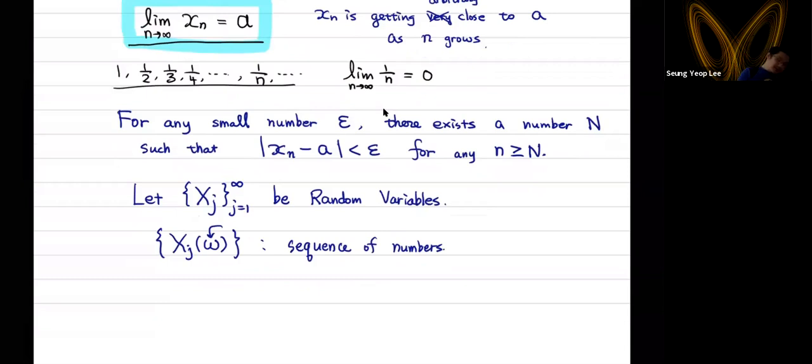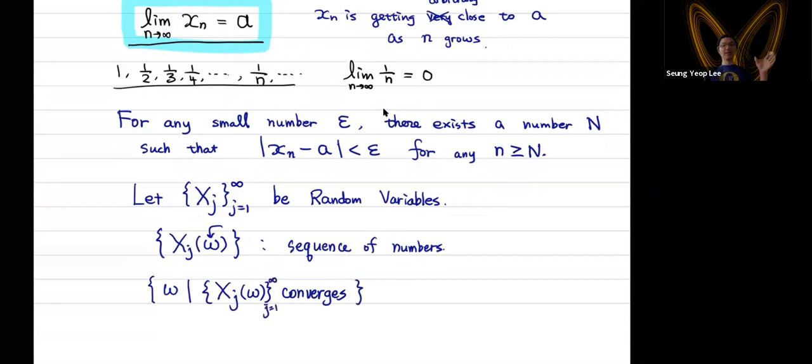Okay, so let's combine all the points where xj of this sequence converges, which means has a limit. So consider all the omega.